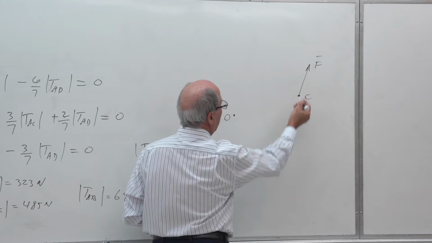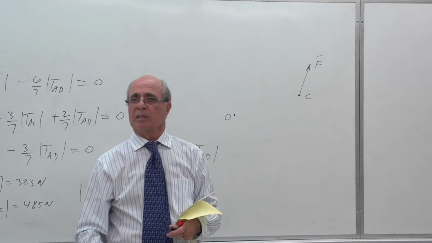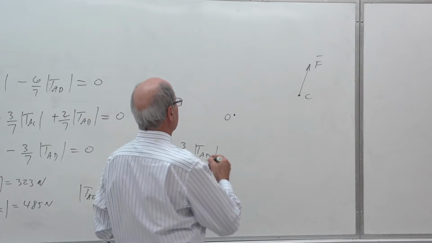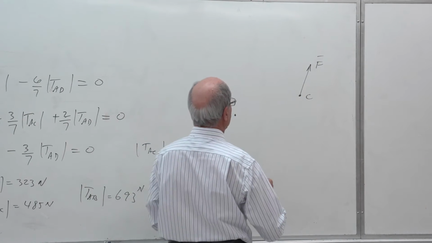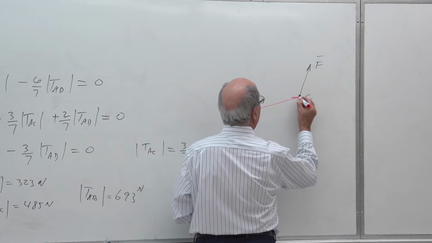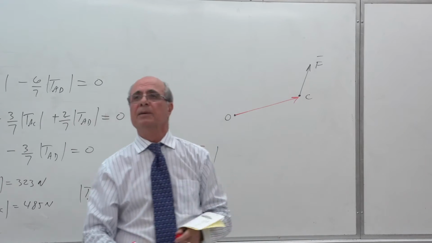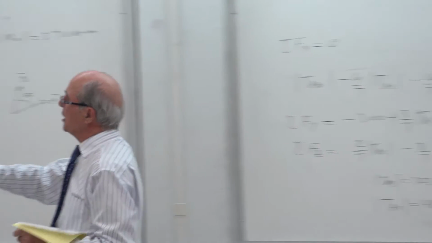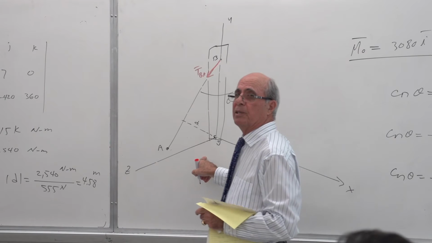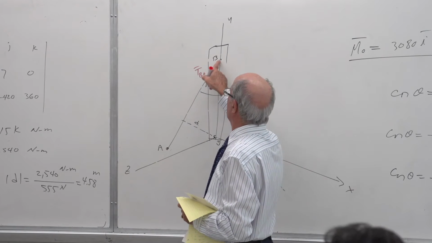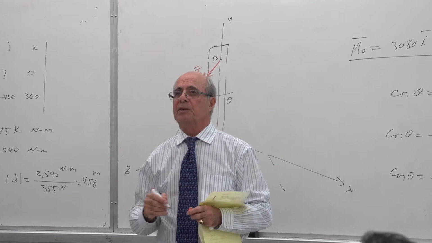One method is F times shortest distance. If we don't have the shortest distance, I use R in that order. Look where we are taking moment about, relative to the point of application. Where are we taking moment about? About point O. Where is the point of application? B. Did you see that?